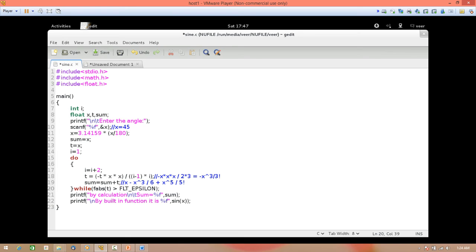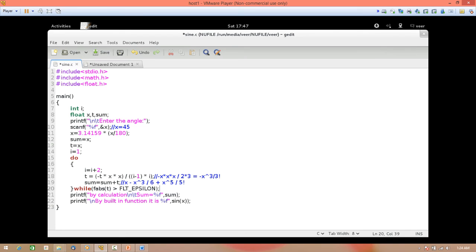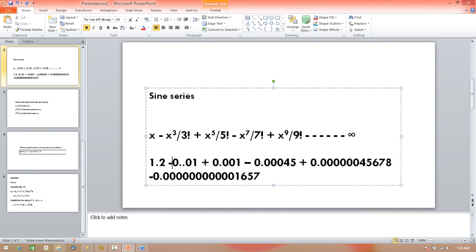FLT underscore epsilon is a constant declared in the float.h header file. Its value is something like 0.169 something. As I was telling, in this series we go on getting terms like this.